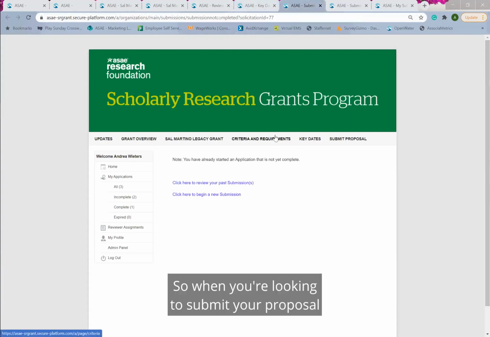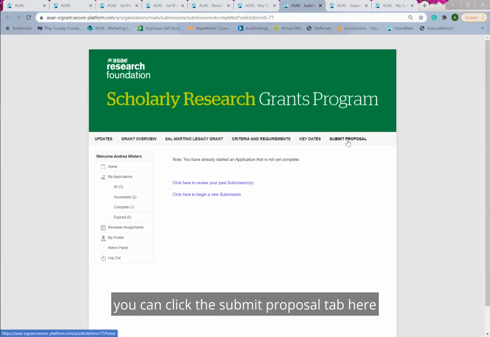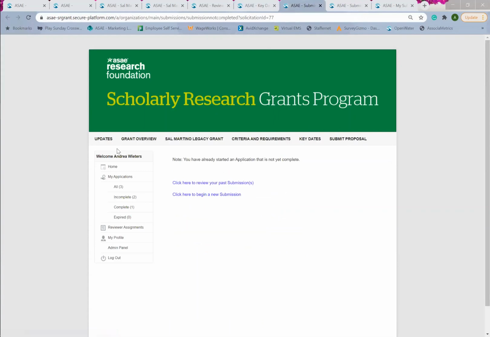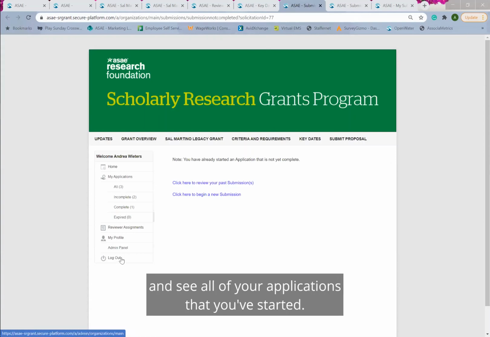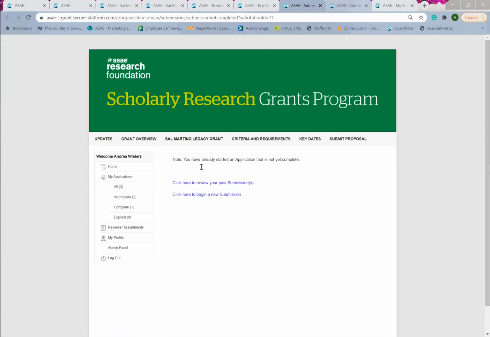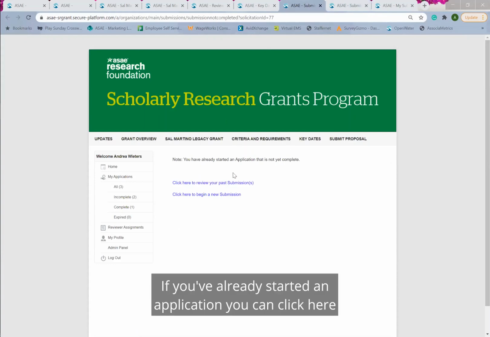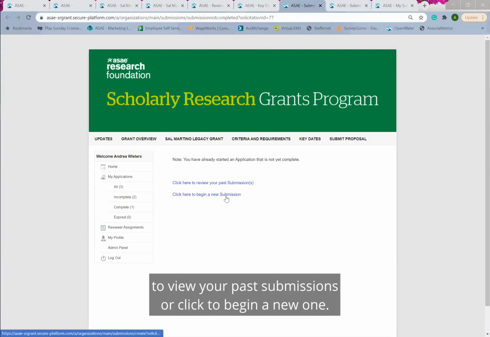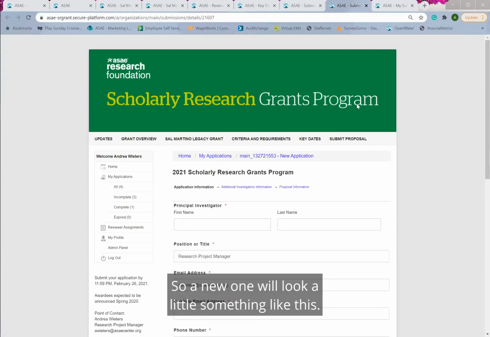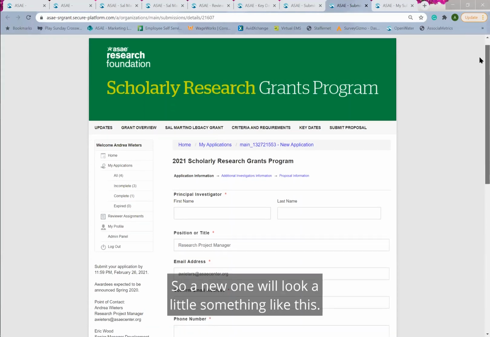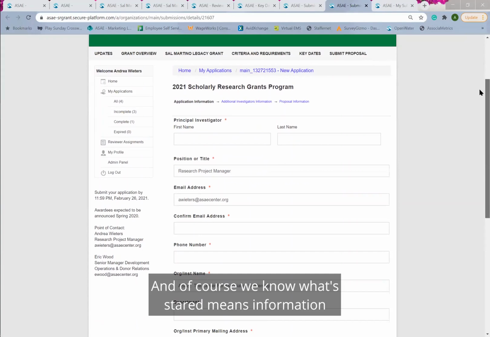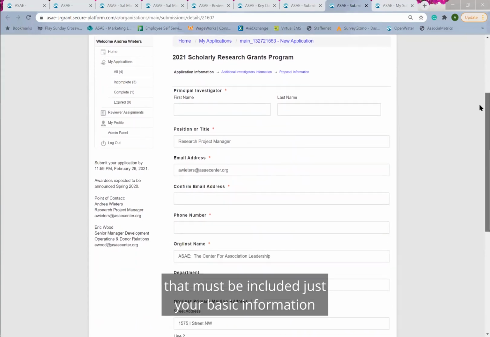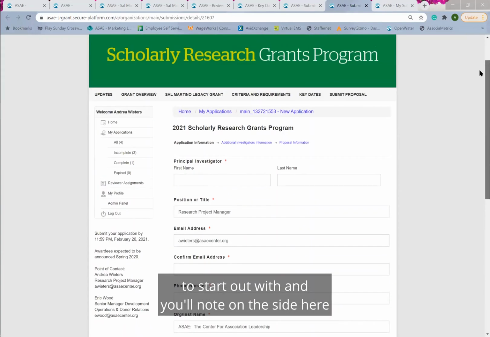When you're looking to submit your proposal, you can click the Submit Proposal tab here, or on the left-hand side you can go to My Applications and see all of the applications you've started. If you've already started an application, you can click here to view your past submissions, or click to begin a new one. A new one will look a little something like this, and a star means information that must be included, just your basic information to start out with.